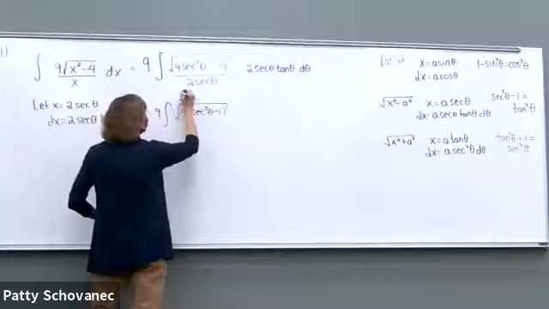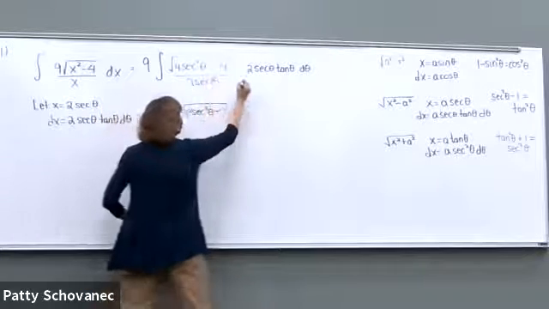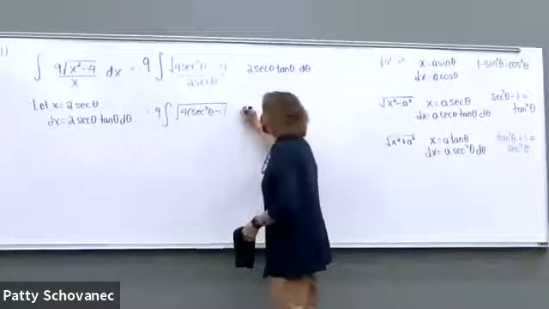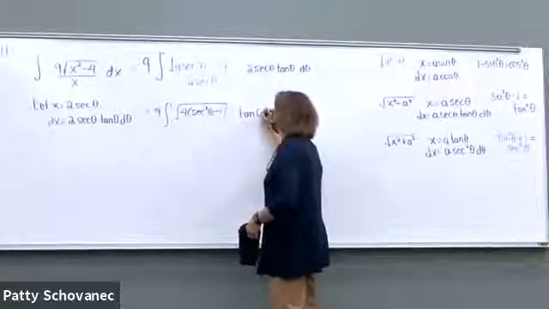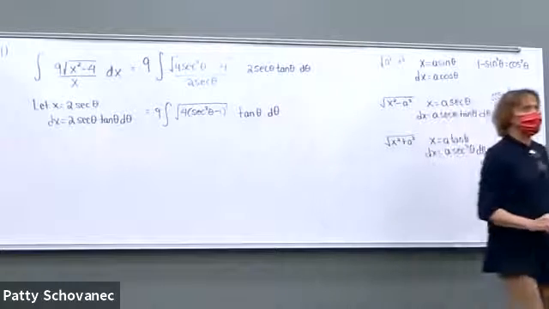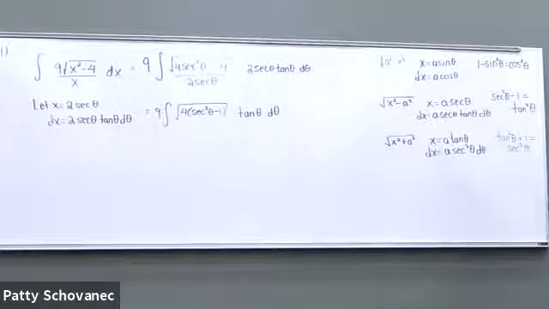So I'm going to go ahead and cancel. And then I have that times the tangent of theta d theta. Here's where we use the fact that secant squared minus 1 is tangent squared. So now I have 4 tangent squared theta underneath the radical sign.